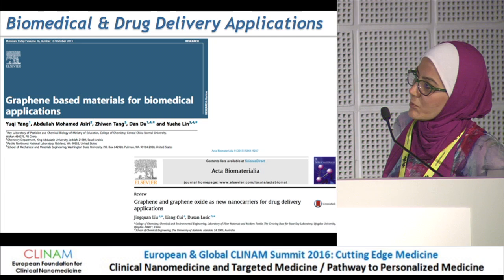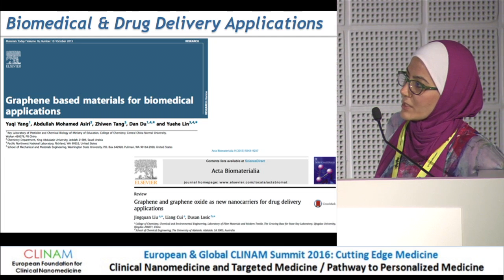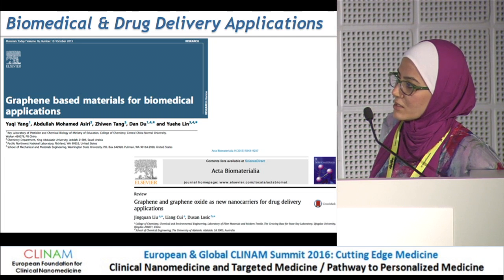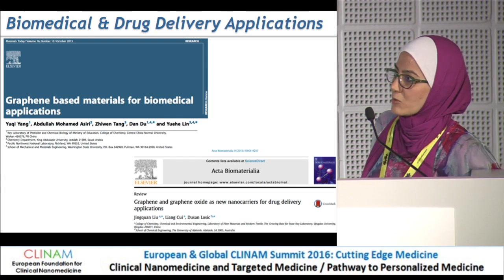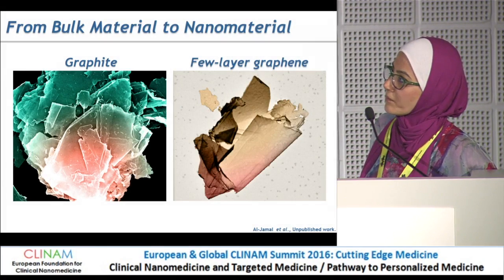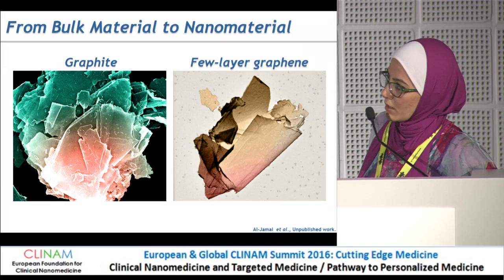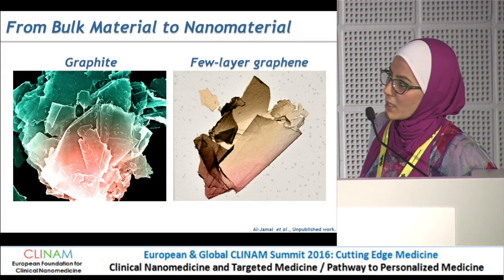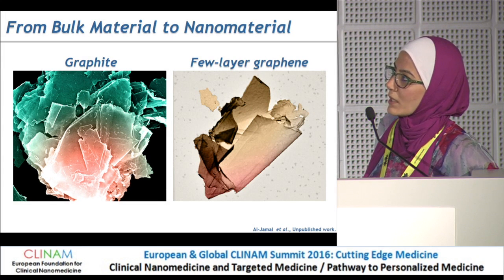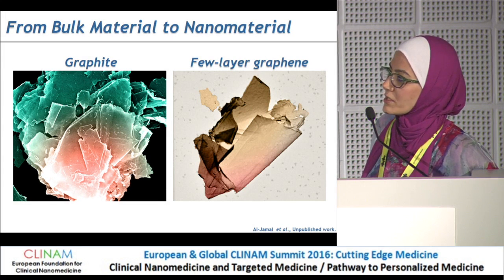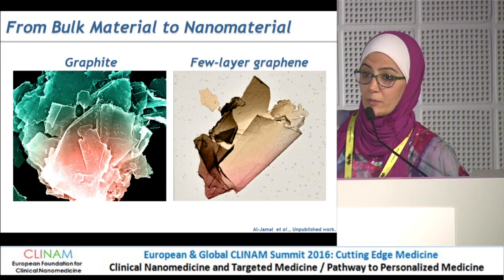Graphene has been proposed for several biomedical applications, and one of them is drug delivery. There are many parameters that we have to consider. The general concept is you really want to break the graphite or the several-layer graphene structures into fewer layers that are smaller in size and probably more biocompatible.